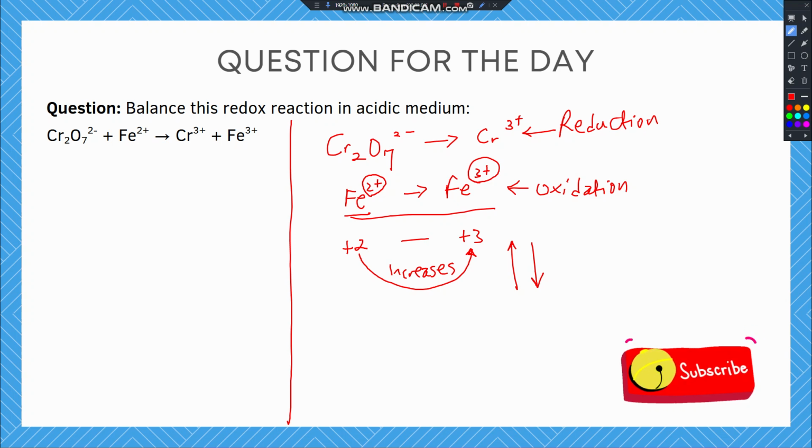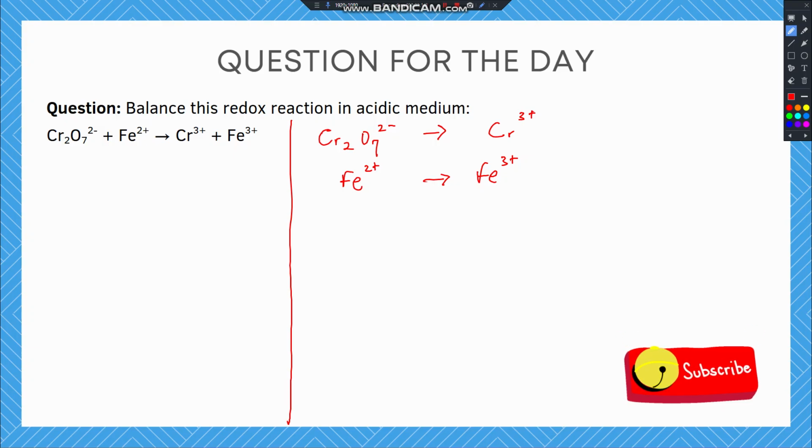The next step says balance all the atoms except hydrogen and oxygen. Let's do that. For the first equation, we have Cr₂O₇²⁻ giving us Cr³⁺. Apart from hydrogen and oxygen, is there any other atom in this chemical equation?